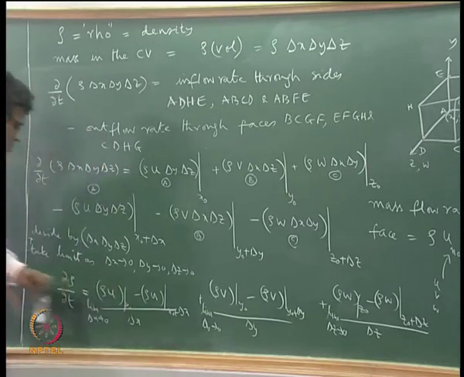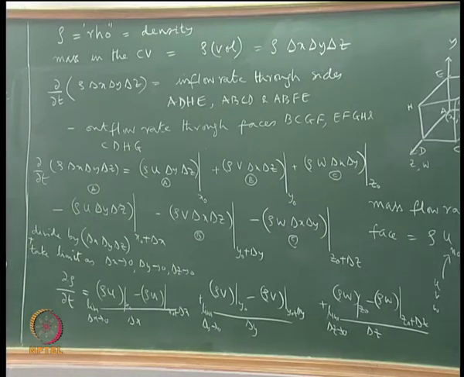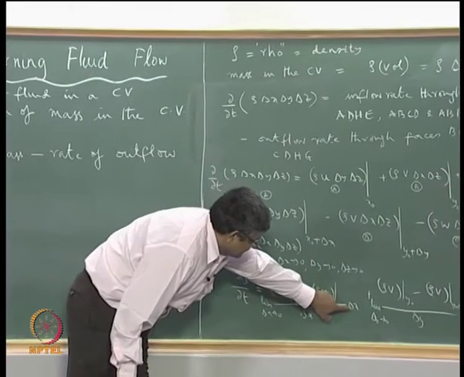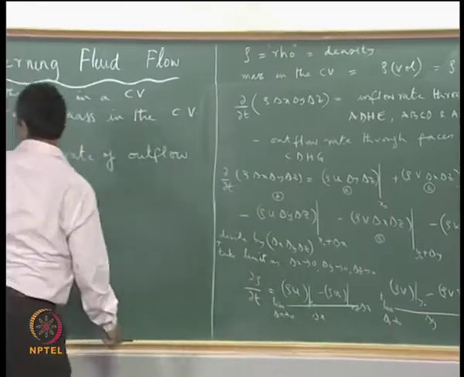Now, we can see some derivatives appearing here. We can see that limit as delta x tends to 0, rho u at x naught minus rho u at x naught plus delta x divided by delta x.